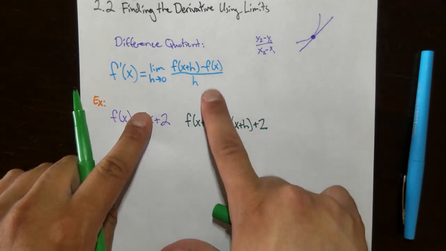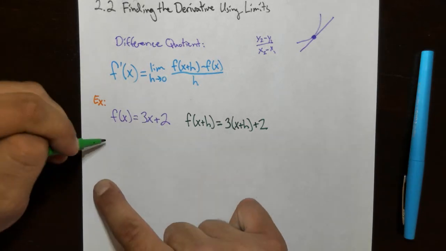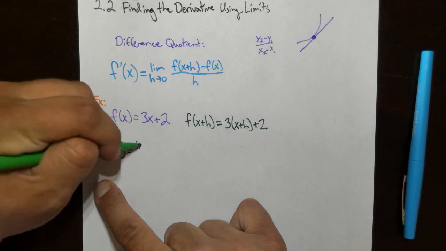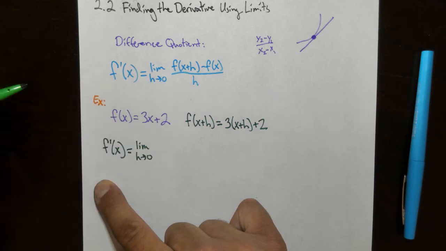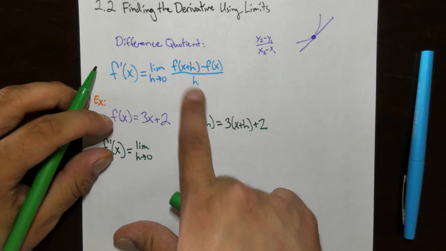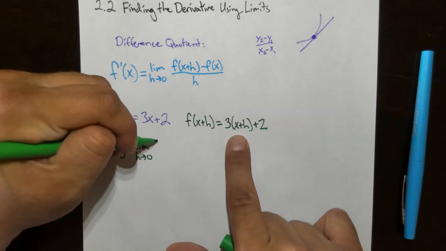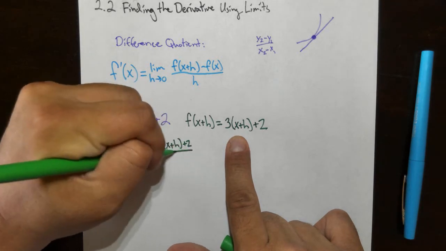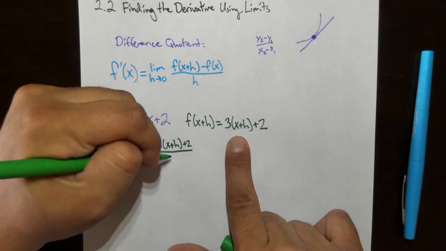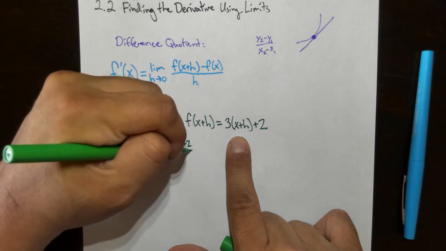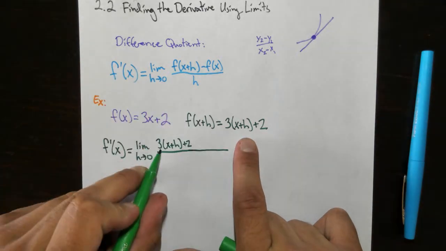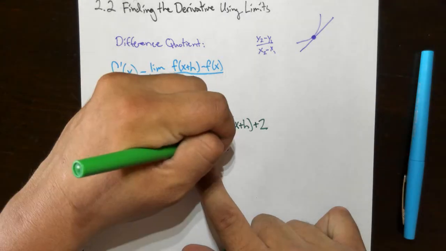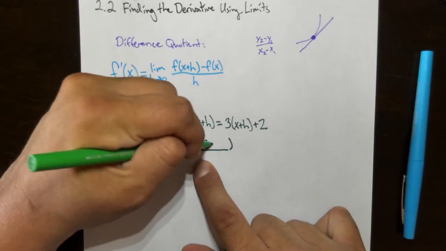So let's plug this in. We have f prime of x, our derivative, is equal to the limit as h approaches 0 of f of x plus h, so this one over here, 3 times (x plus h) plus 2, minus, and then our f of x, (3x plus 2).